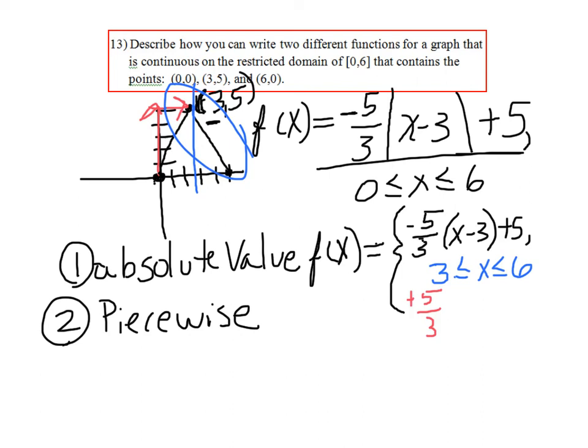Instead of a negative 5/3, I'm going to have a positive 5/3, x minus 3 plus 5. And my positive side is going to be this side, so that is going to go between 0 and 3. Okay, and I also need a comma after that 5. So that would be my piecewise function, and at the top, that would be my absolute value function. So there's two different ways to write the function for the same graph.